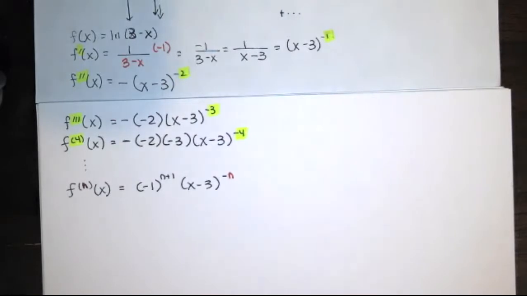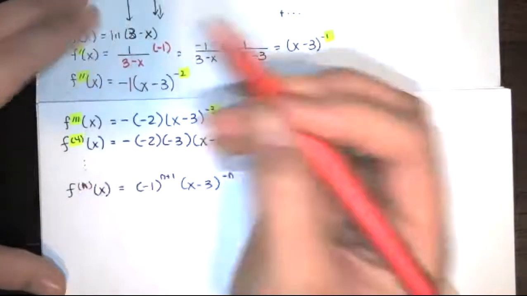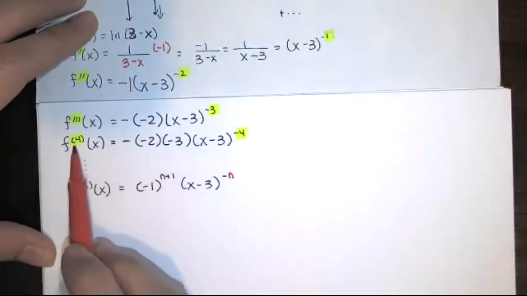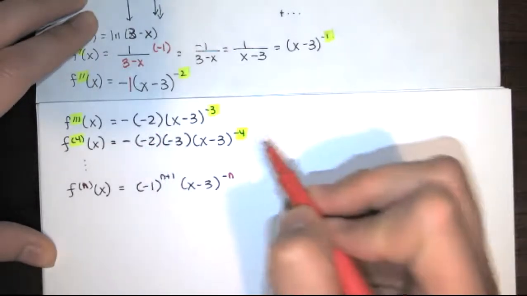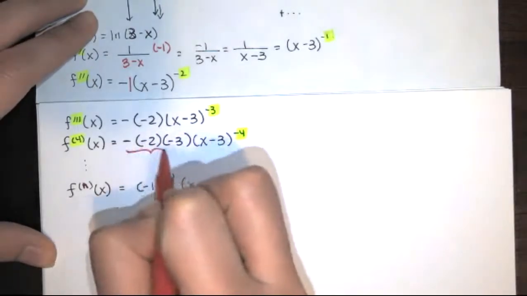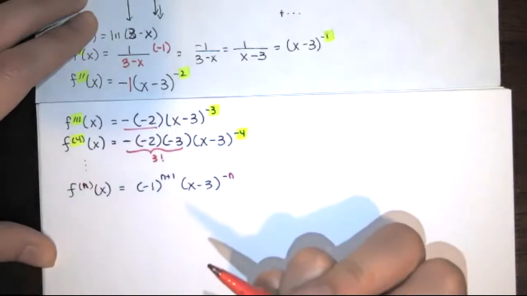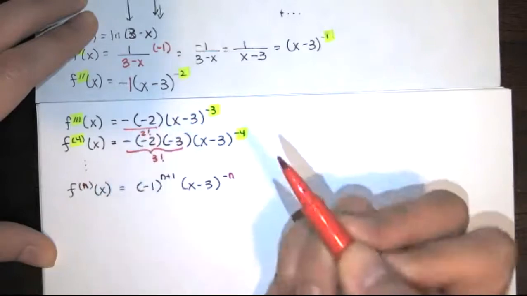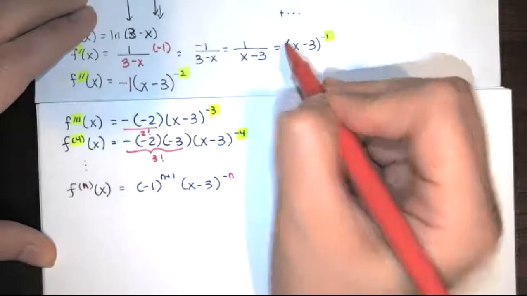Okay, cool. And then out front, we also have this sort of factorial thing happening. When I've got a 4 here, I see a 1 times 2 times 3. So that's a 3 factorial. When I have a 3 there, I've got a 1 times 2. So that's a 2 factorial. For a 2, I've got a 1 factorial. You might say there's no factorial there.